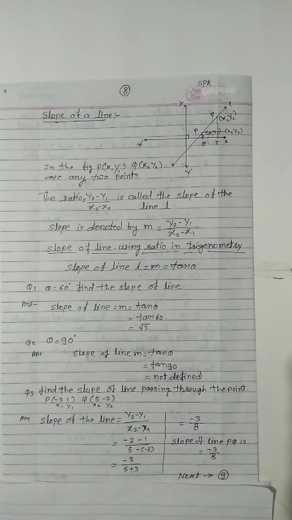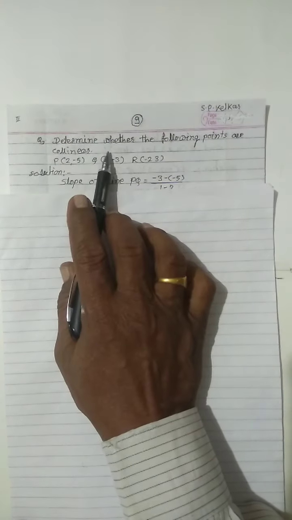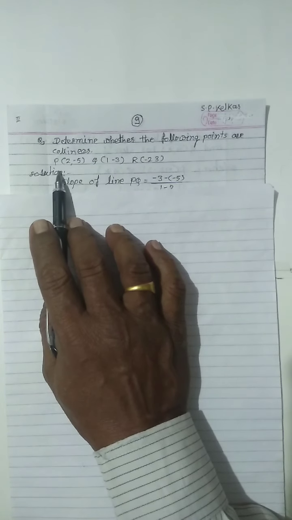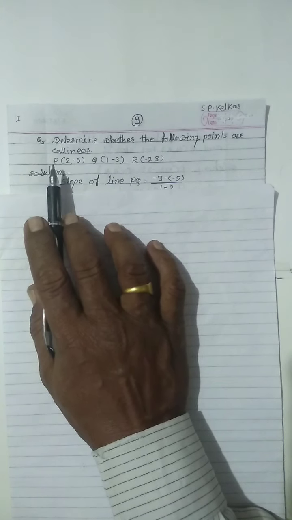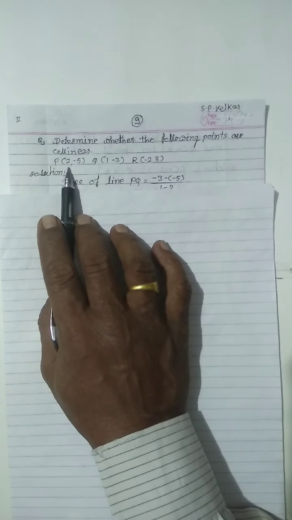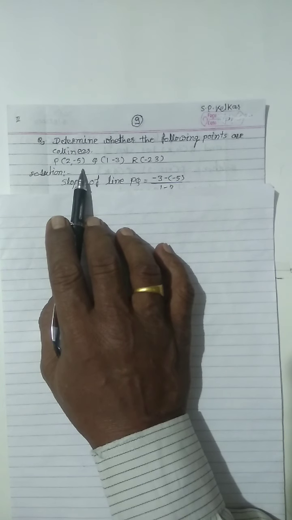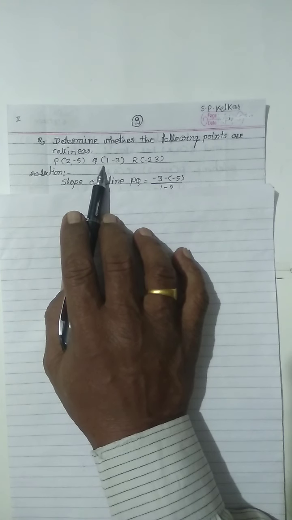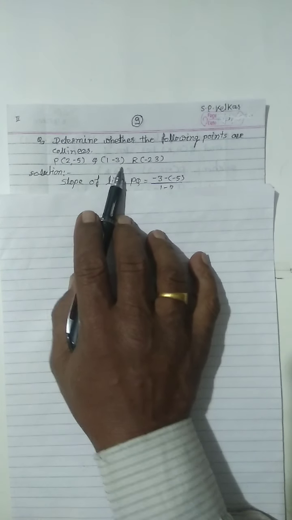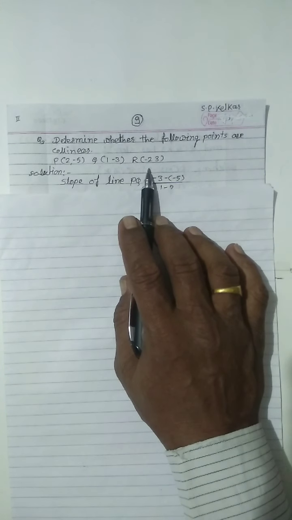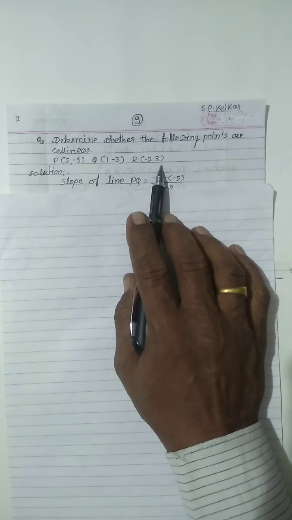Then again see the example. Determine whether the following points are collinear. Now see, three points are given. Point P having coordinates 2, minus 5. The Q point having coordinates 1, minus 3. The point R having coordinates minus 2, 3.